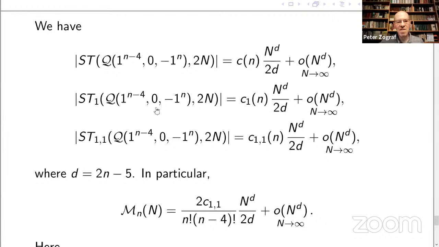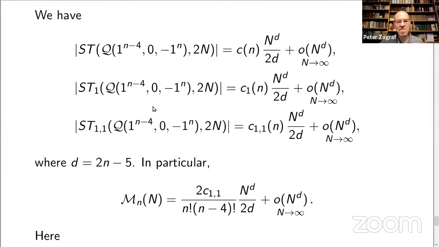And the last set is the set of square tile surfaces with one horizontal and one vertical cylinder, again built of no more than 2n squares.